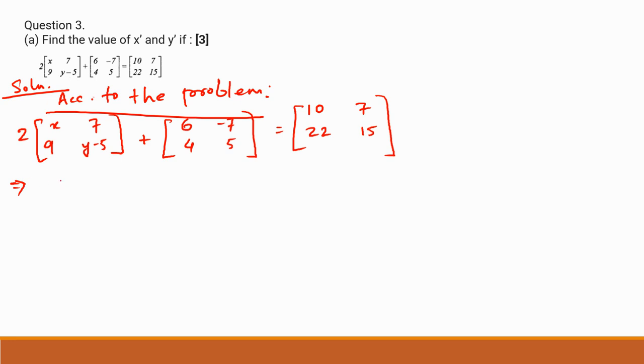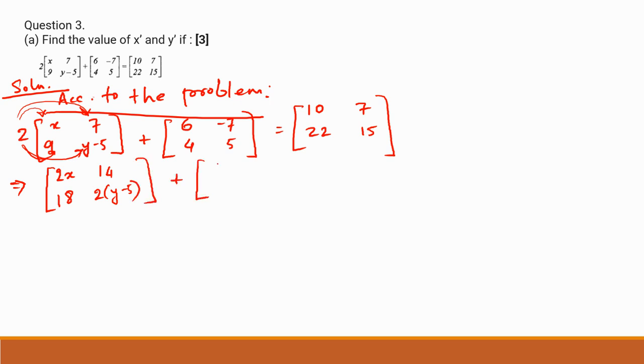Implies, you can write implies or whatever. So 2 times this, you have to multiply 2 with all the terms, right? So 2x, then the next is 14 in this matrix, 9 times 2 is 18, and this is 2 times y minus 5.